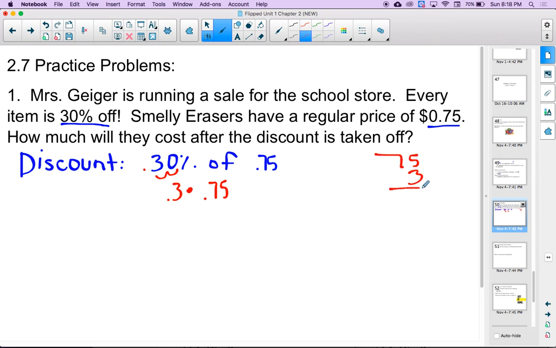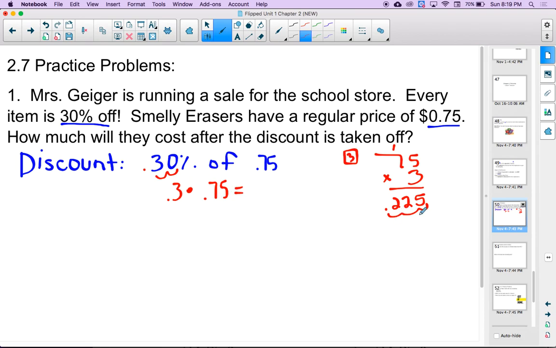75 times 3, the number in the box, 1, 2, 3. There are 3 numbers after the decimal place. 3 times 5 is 15. 3 times 7 is 21, plus 1 is 22. And we're going to move our decimal back into the problem. Now, this is money.